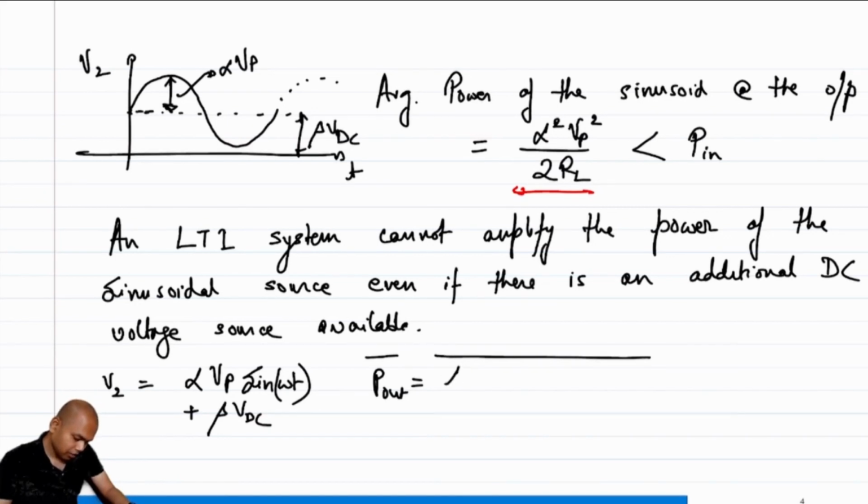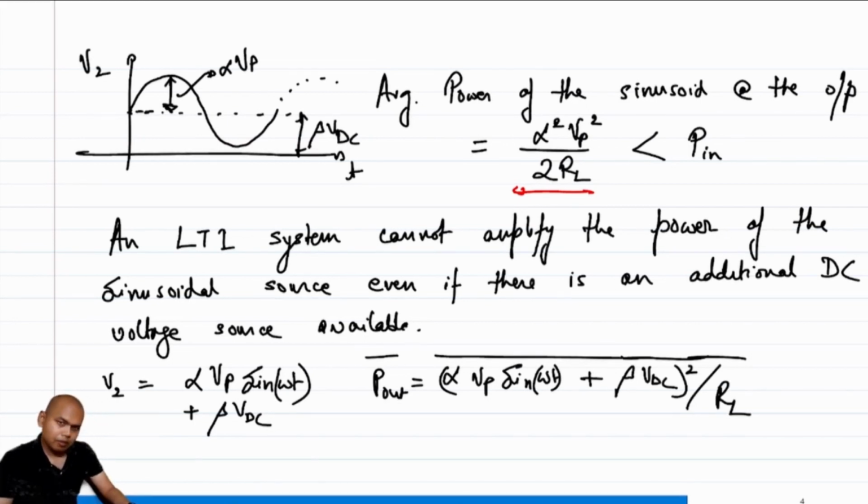the average of alpha Vp sine omega t plus beta VDC, squared, by RL. Once you do this, you will see that there will be one DC term, and one term proportional to sine squared omega t.